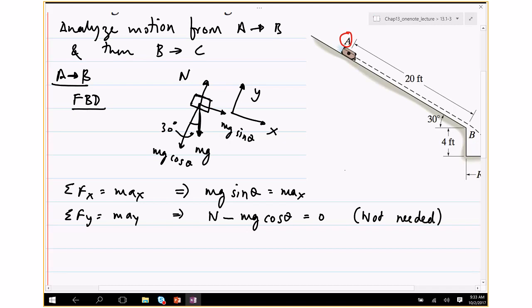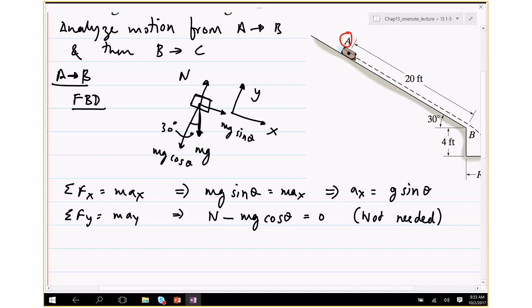This is the only equation which is needed. I just need to find the acceleration, right? So ax is g sine theta. That's all I need. So you notice that the acceleration is constant, right? g is constant, so is theta.